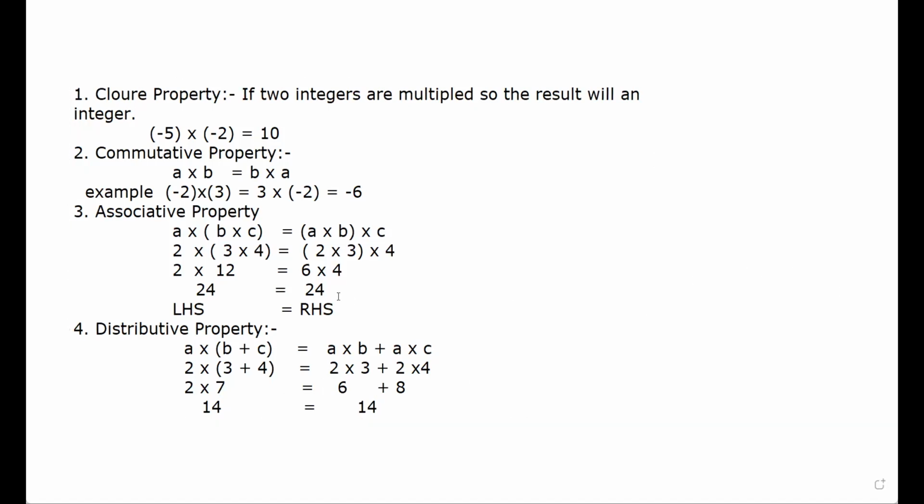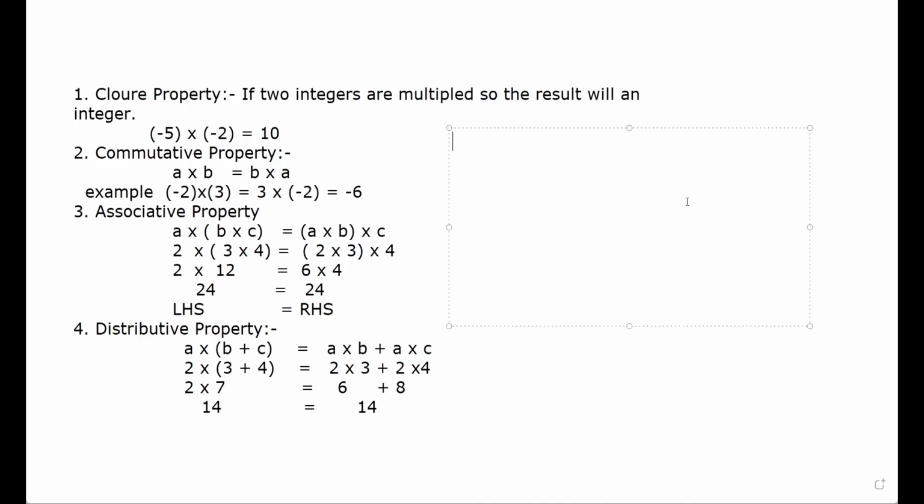So now my dear student, we have to look at multiplicative identity. This is the fifth property, multiplicative identity. So my dear student, we have to understand what multiplicative identity is.